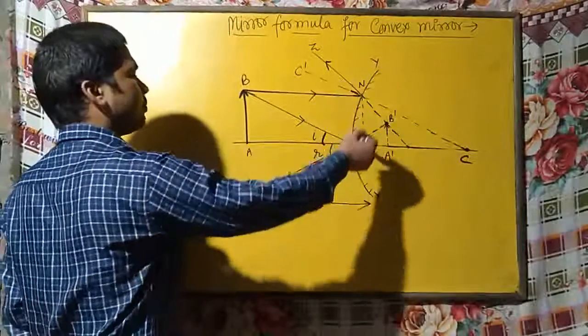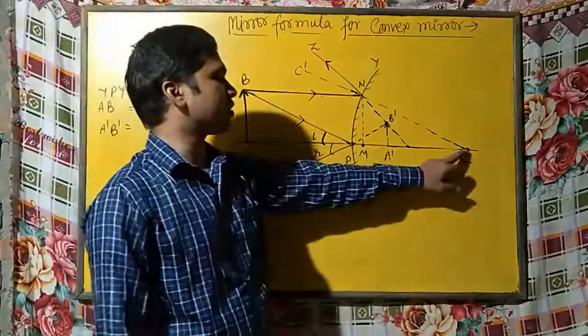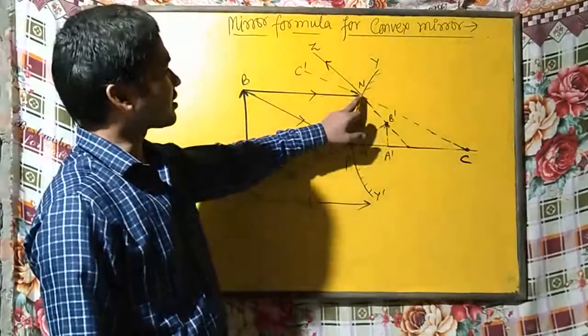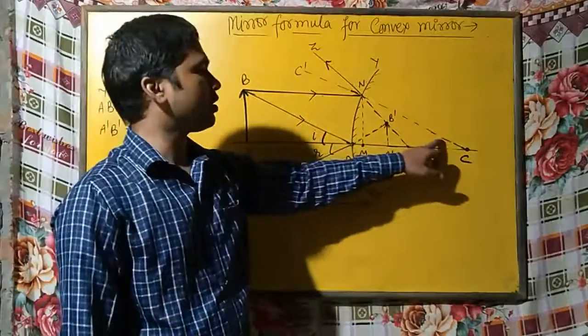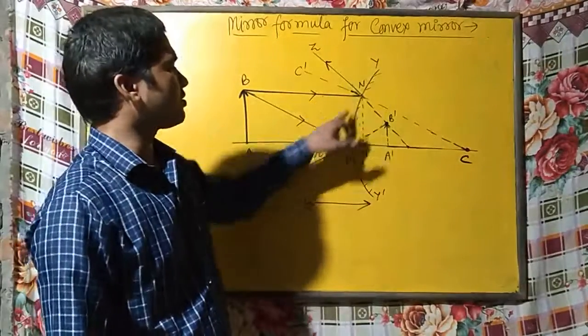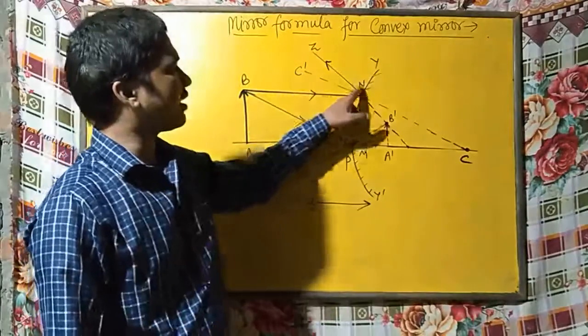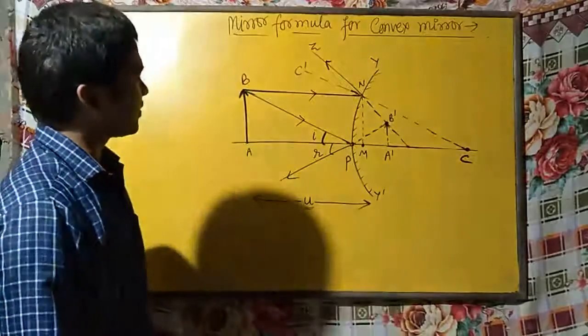So if this is the center of curvature and you draw any line which intersects this surface at point N, then this must be the normal at this point on the surface. So you can see here C'NC is the normal on this convex surface.